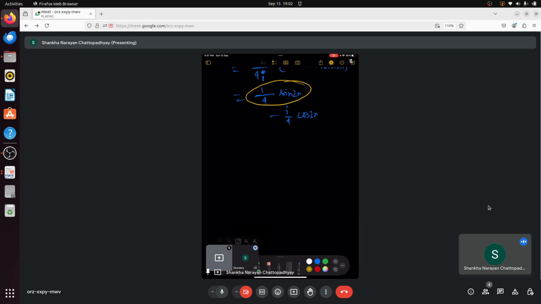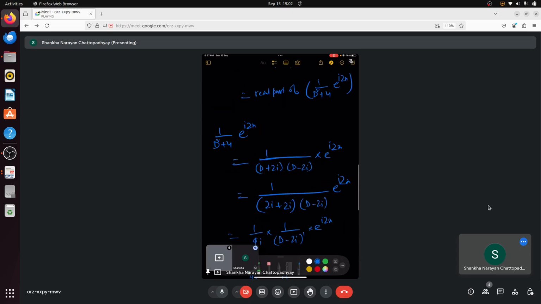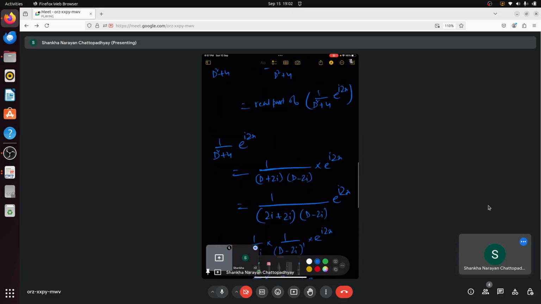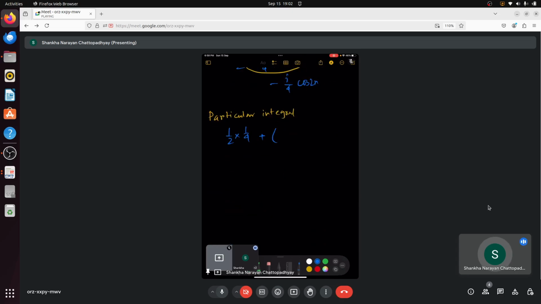So you will get the particular integral as half into 1 by 4, minus half into the real part, which is 1 by 4 sin 2x, but there is one minus sign.